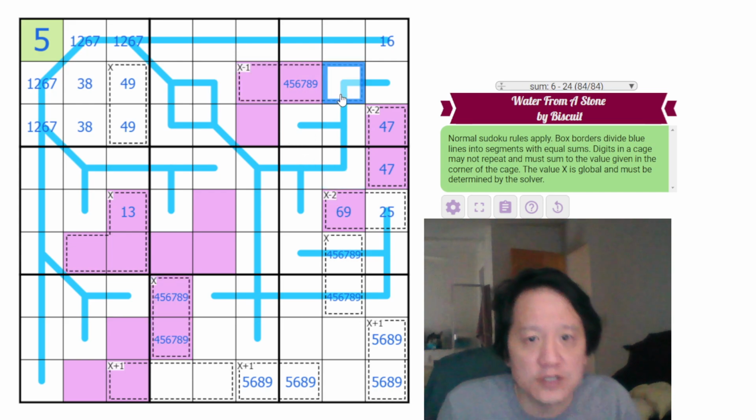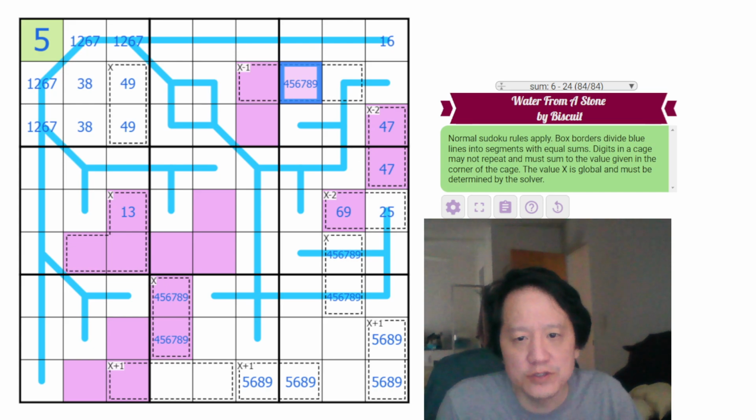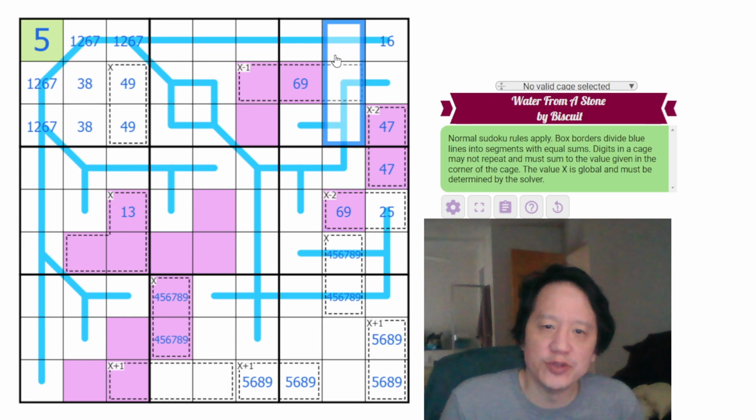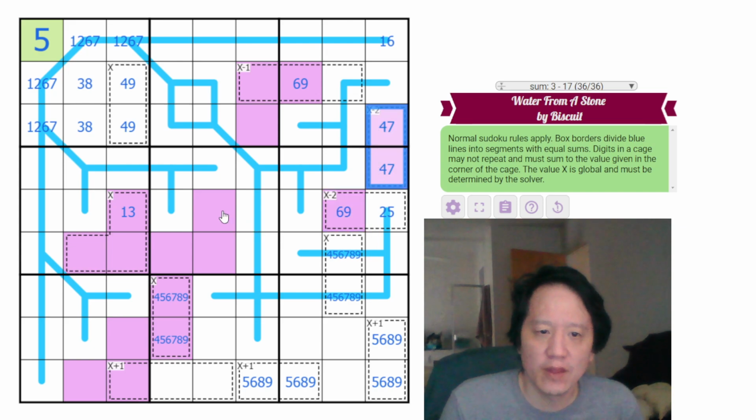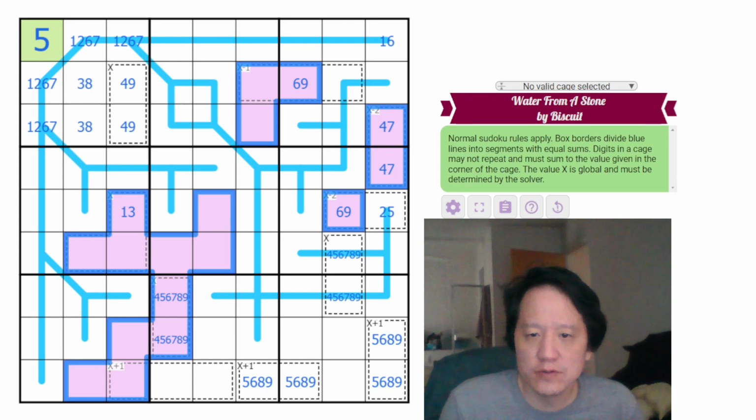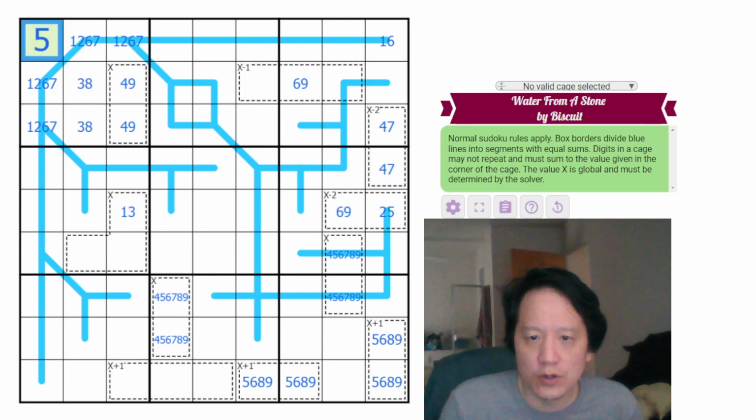This is 13. So this is 4, 7. So this is also 6 and 9. But these two would see both of these 6s and 9s, and these are different ones, right? Okay, so the pink doesn't help anymore.